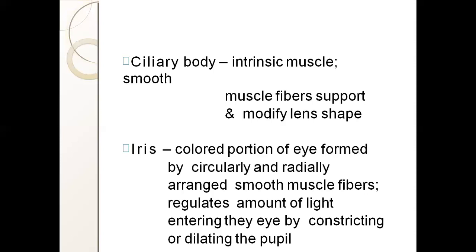Means when the light enters into the eye, the pupil will be constricted or dilated. So generally when we shine light into the eyes, at that time the pupil will be constricted.